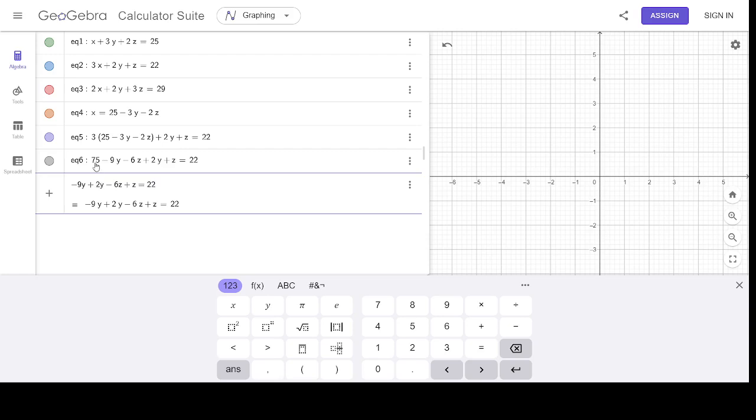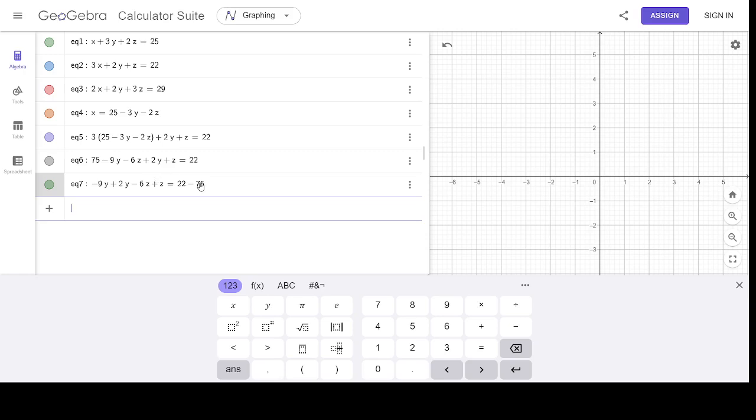Now we bring this 75 to the other side, so we pair it with 22. Once 75 crosses the equal sign, it becomes minus 75. Now you see we have minus 9y plus 2y minus 6z plus z is equal to 22 minus 75. Let's solve it further.